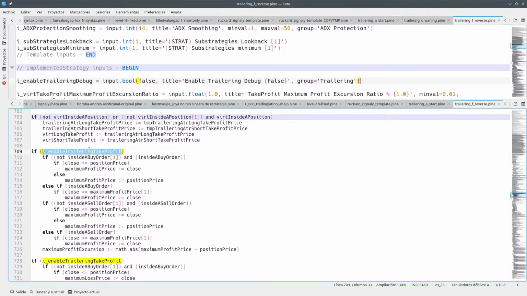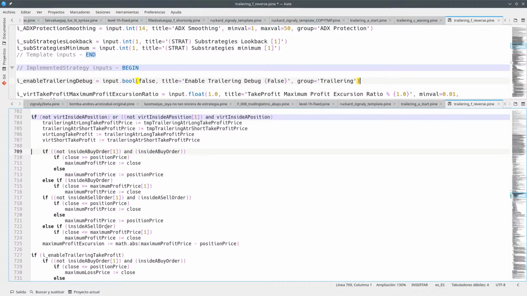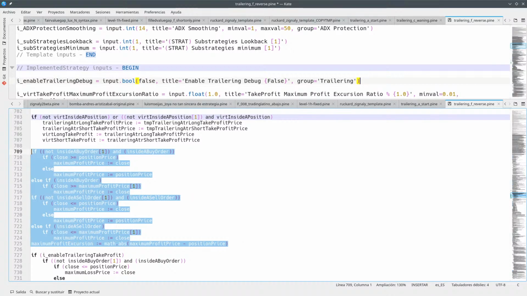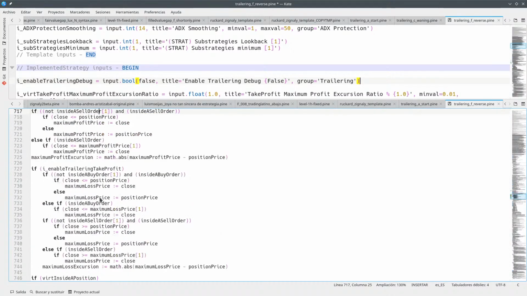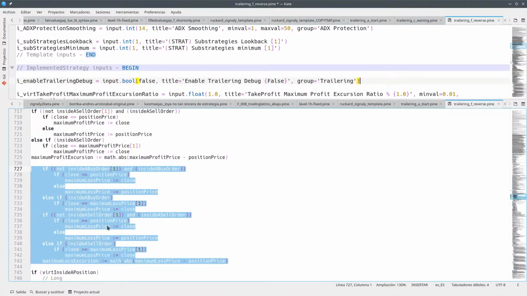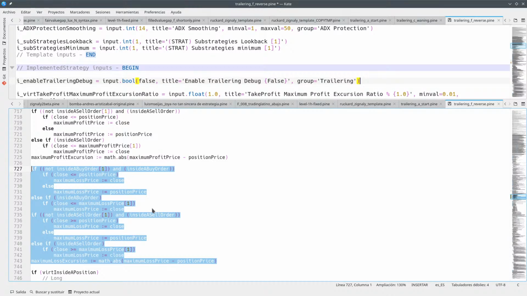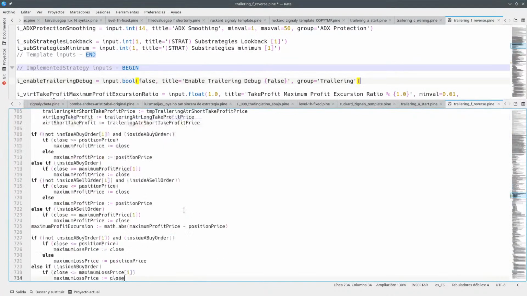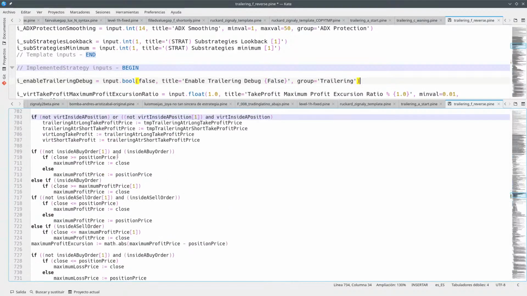Yeah, we don't need this, because we are always going to calculate this. Okay, and this is the maximum profit excursion.